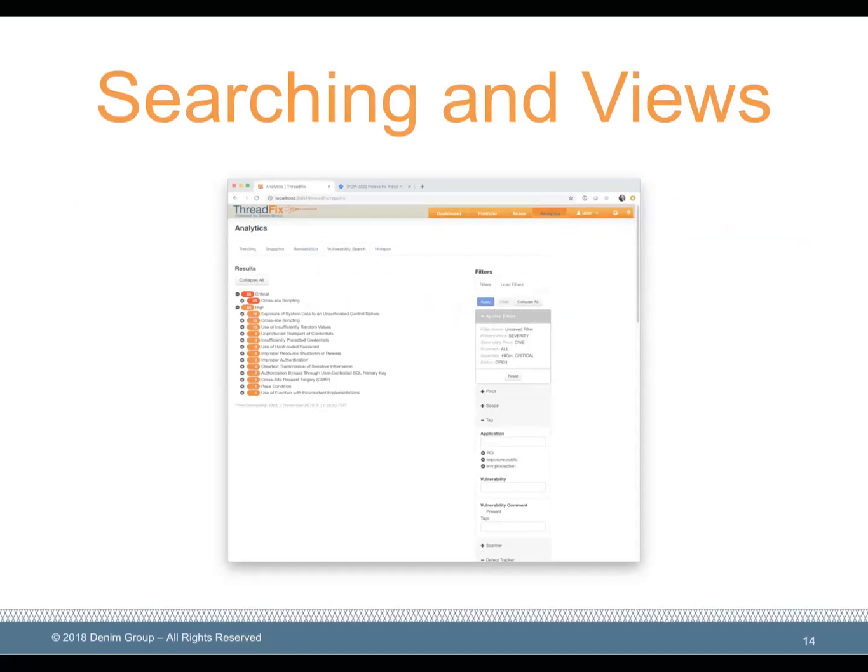Show me how our applications in Java compare to the ones that are in .NET. Show me all the vulnerabilities that have been out there for more than 30 days, for more than 90 days. Show me the impact that these vulnerabilities might have on applications that are subject to PCI or subject to GDPR. So you can start to build these views into the data to answer questions about how effective your program is.